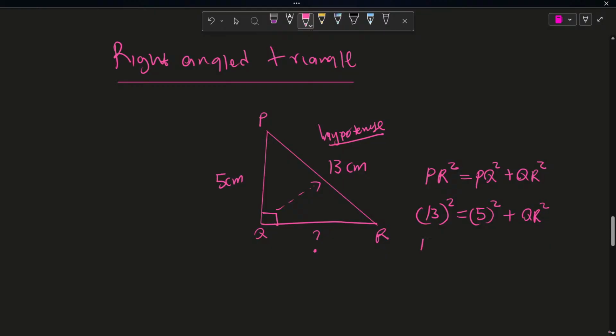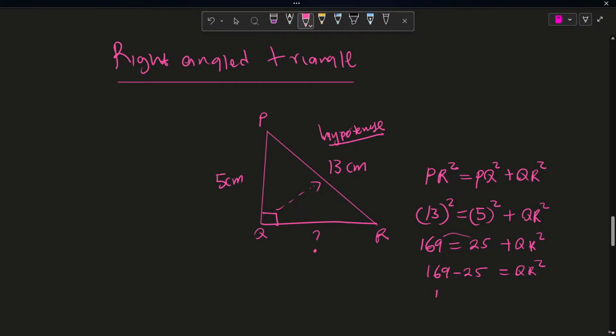Then 169 is equal to 25 plus QR squared. You take this one to the other side: 169 minus 25 is equal to QR squared.